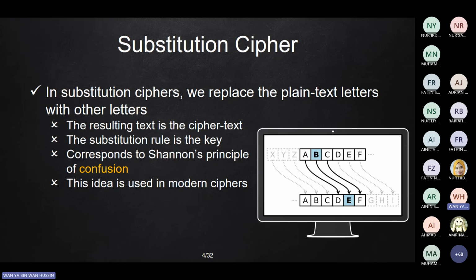We will discuss this in detail after this slide. In an encryption system, they need to apply two Shannon principles. One of them is confusion, and the other one is diffusion. And this particular method is still being used today.